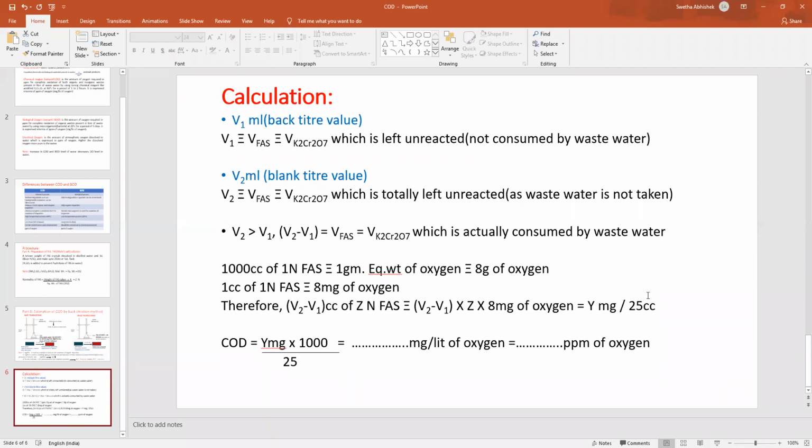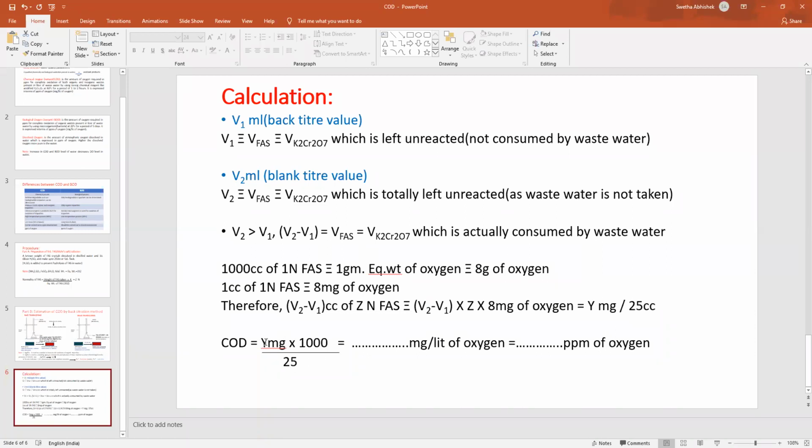This is because we have taken 25 cc of wastewater in the titration. So through this calculation, you get Y milligram of oxygen present in 25 cc of wastewater. But we need to calculate the amount of oxygen per liter. Therefore, COD will be equivalent to Y milligram of oxygen into 1000 divided by 25.